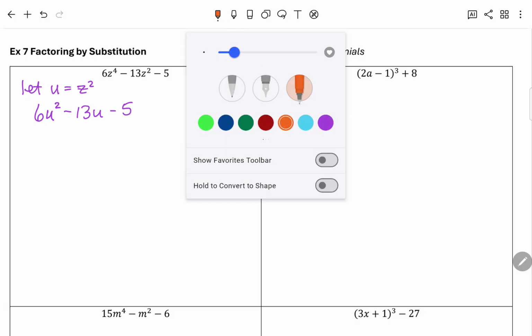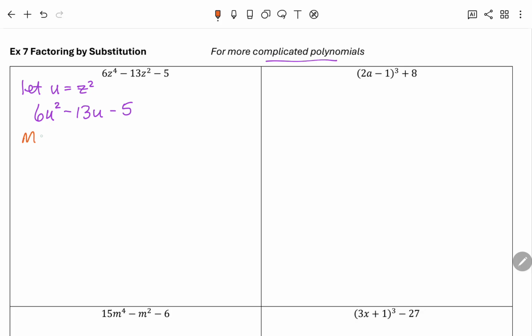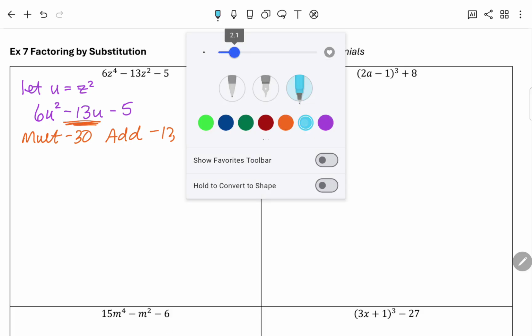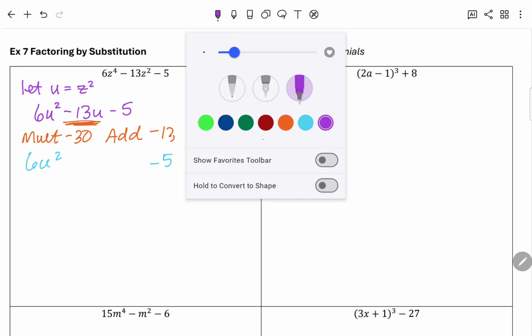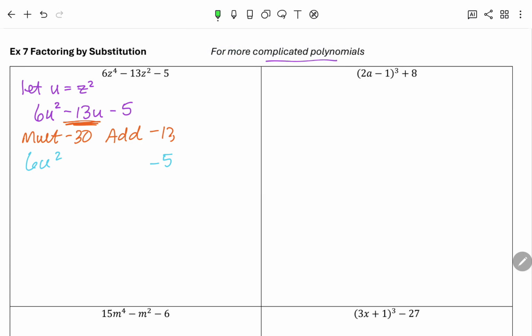So I want to find something that multiplies to negative 30 and adds to negative 13. And so I'm going to use a negative 15 and a positive 2 to replace this. So we're going to have our 6u squared that comes straight down, our negative 5 that comes straight down, and we're going to, what did I say? I said a negative 15 and a positive 2.